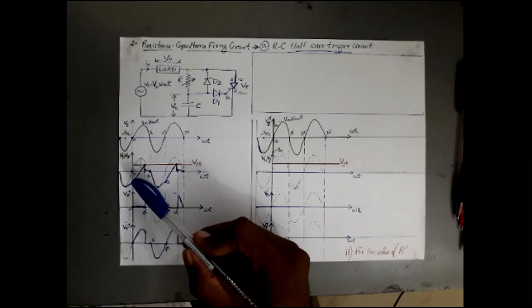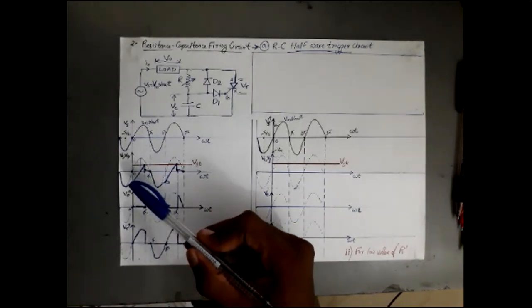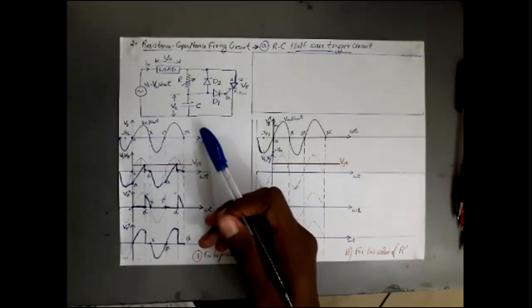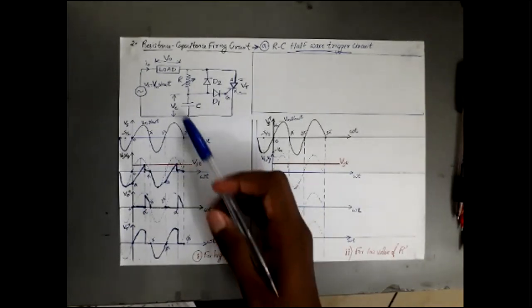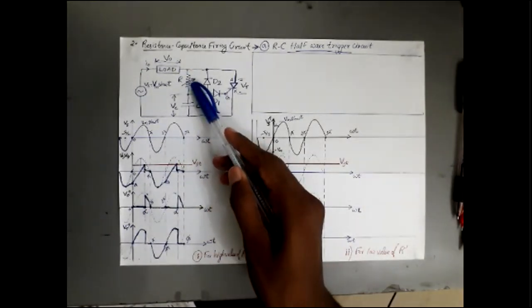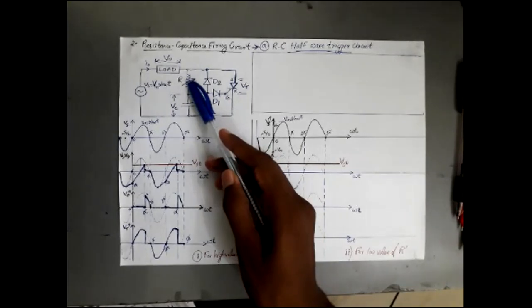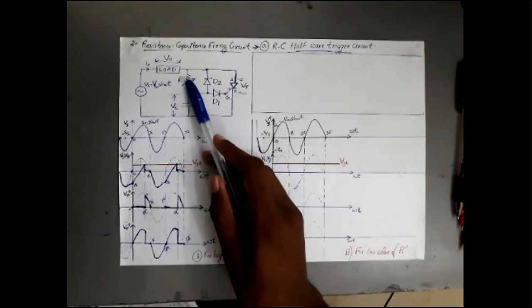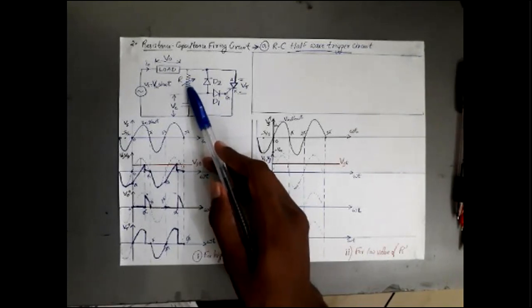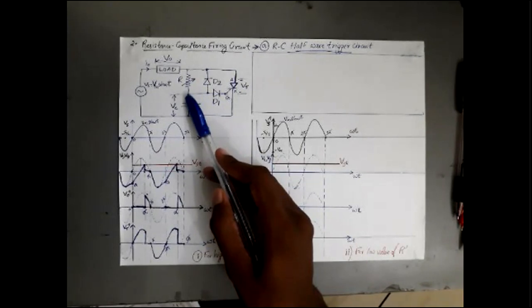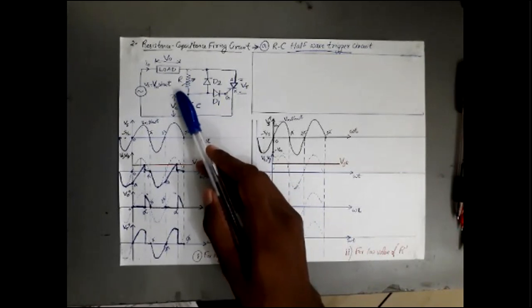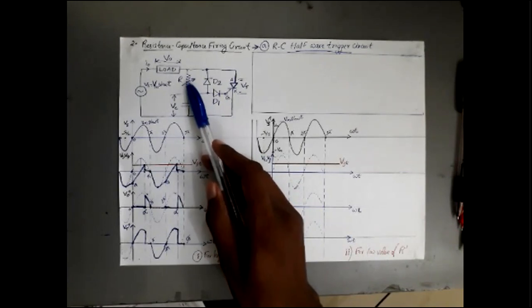Why was capacitor charging very slow during positive half cycle? The charging current during that time was very small. Why was the charging current very small? My resistor R at that time is of very high value. So what we can conclude: if I increase the R value, then the charging current during positive half cycle, before my thyristor is triggered, will be very small.